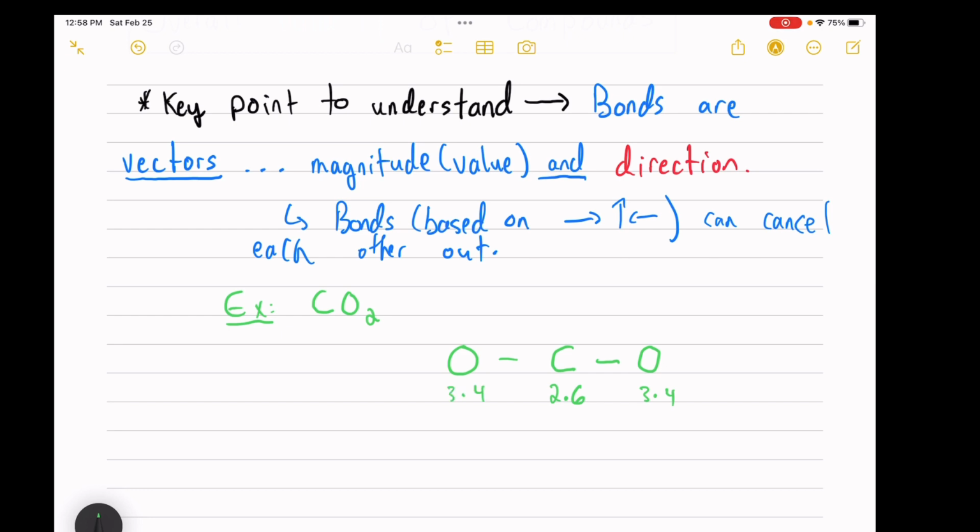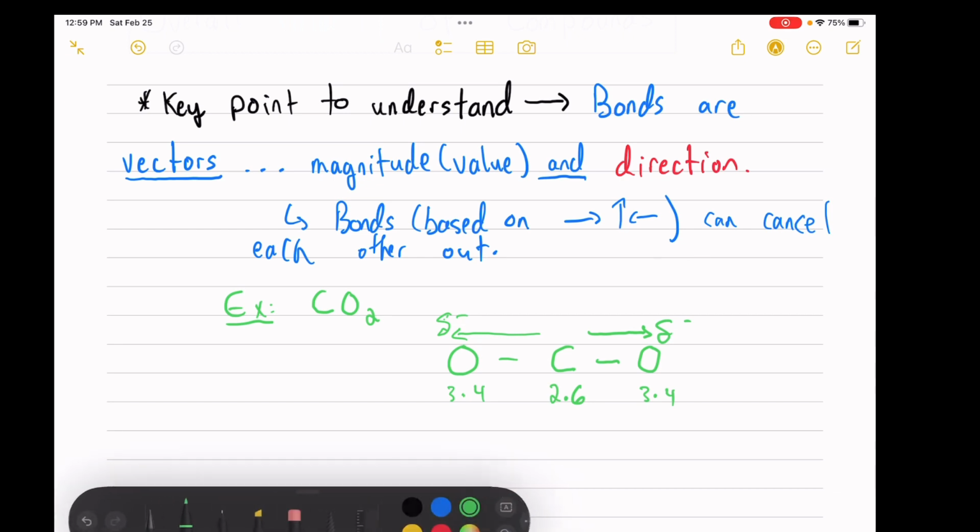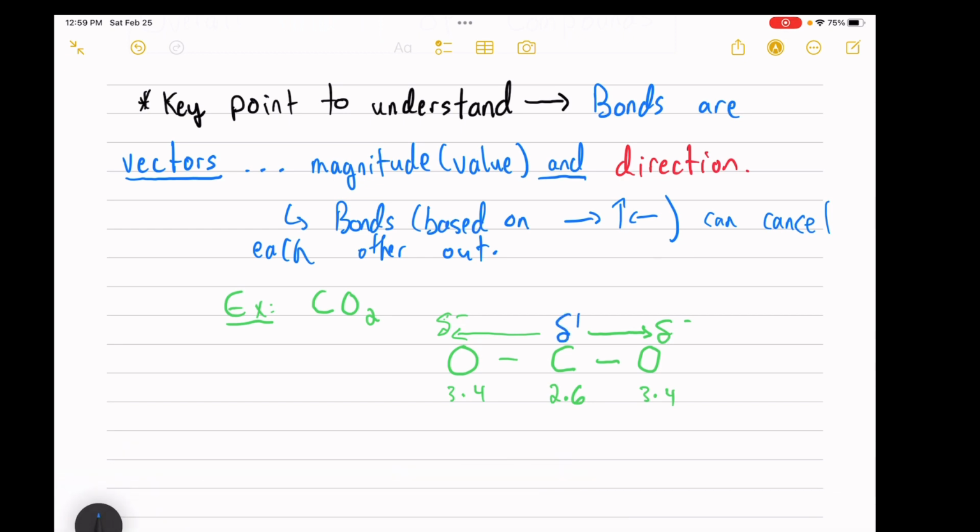Well, when I draw the diagrams, I would see that, yes, I would have a bond dipole towards the oxygen, making it partial negative, and I would have that on both sides, because there's an oxygen on each side. And the overall dipole on the carbon would be positive because it would unevenly share its electrons with oxygen.